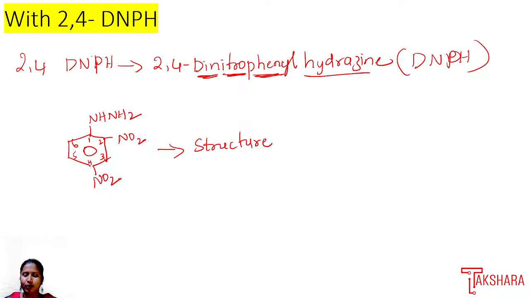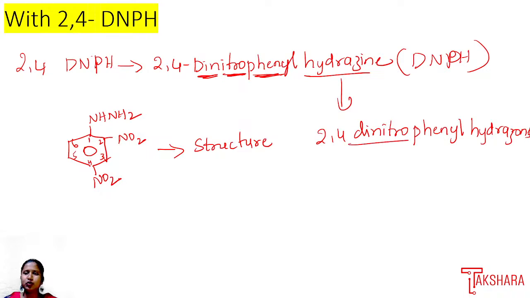Now when aldehydes and ketones undergo the reaction with 2,4-DNPH, they form the product 2,4-dinitrophenyl hydrazones. 2,4-dinitrophenyl hydrazones are going to form as a product. Hydrazine converts to hydrazone.